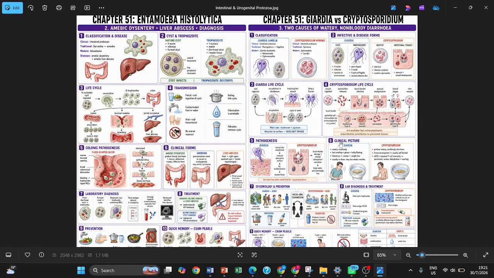And from the first lecture, I already highlighted that the cyst stage is the transmission stage, right? So in these three organisms, you would have ingested the cyst, which is the infective morphology, which will then convert into your trophozoite, which is the active, reproductive, and virulent stage of the parasites, right?